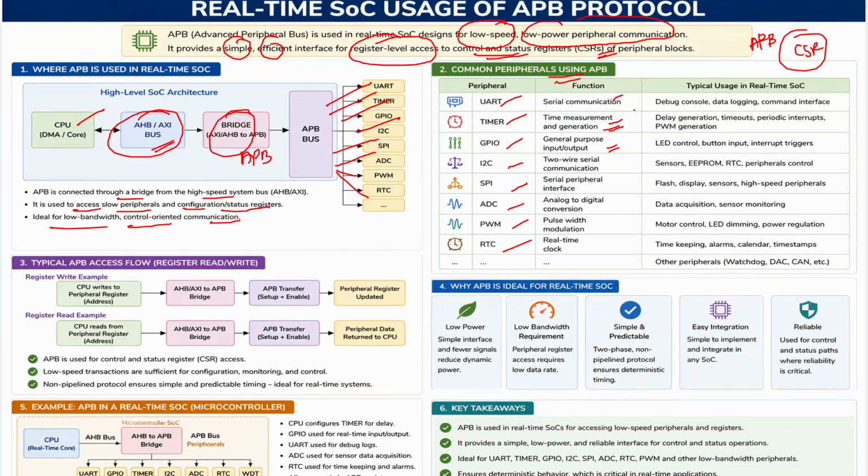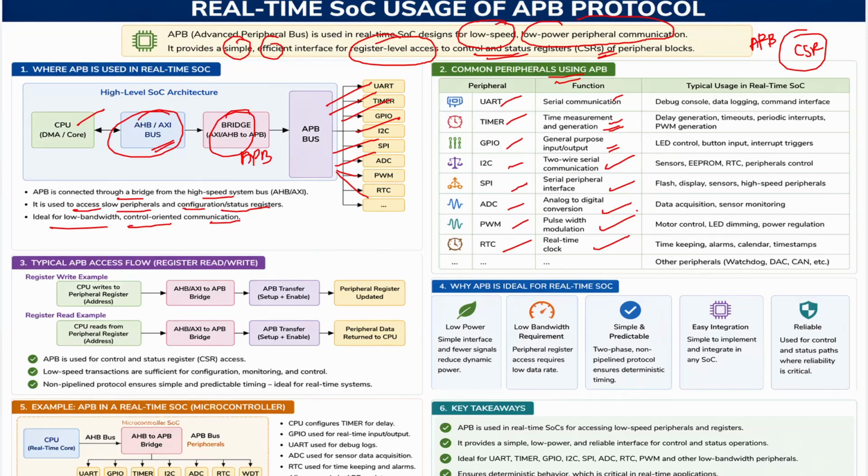I2C is a two-wire communication protocol, SPI is the serial peripheral interface, then analog-to-digital converter, pulse width modulation, and real-time clocks. These are the common peripherals in your APB protocol.